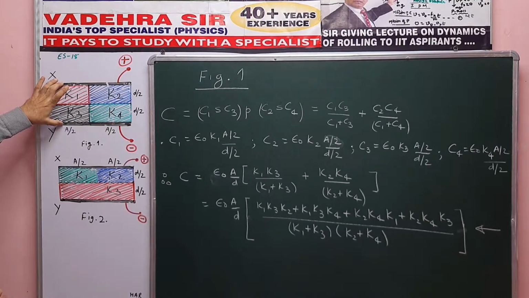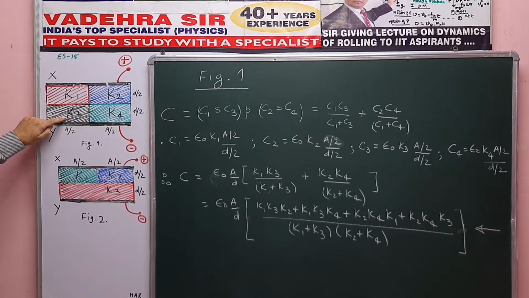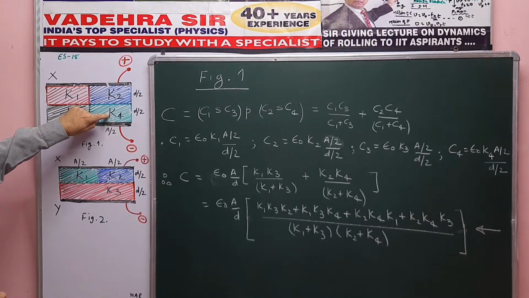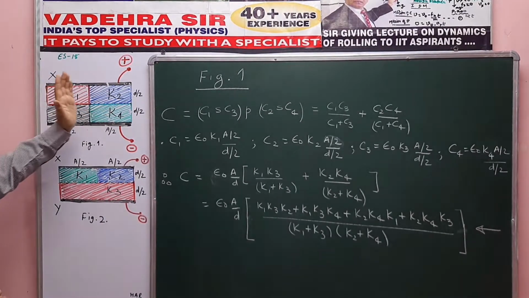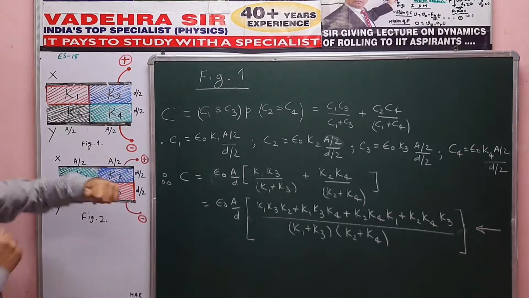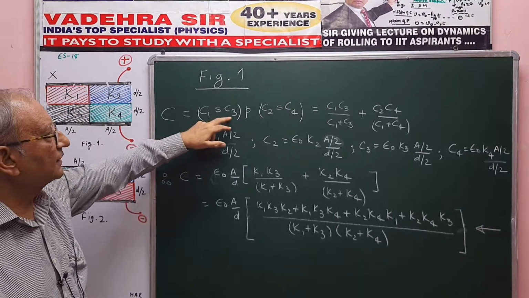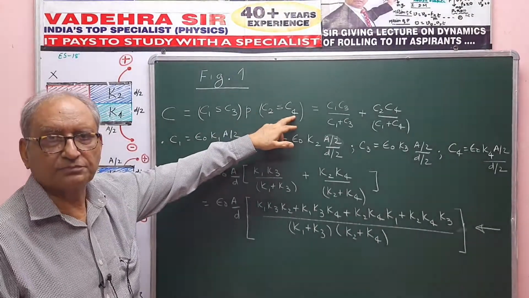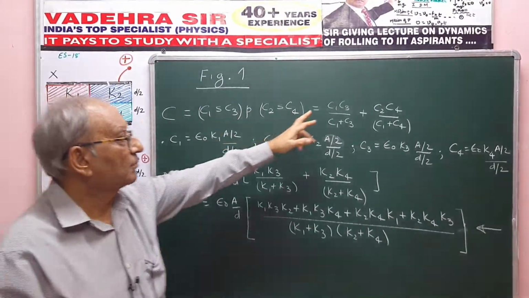In the first block, we have C1 and C3 in series. In the second block, I have C2 and C4 in series. And then the first block is parallel to the second block. So here you are: C1 series with C3 parallel to C2 series with C4. Now series, product upon sum.